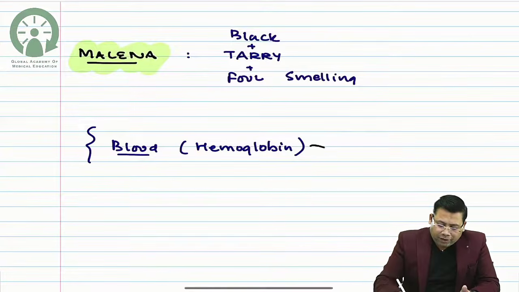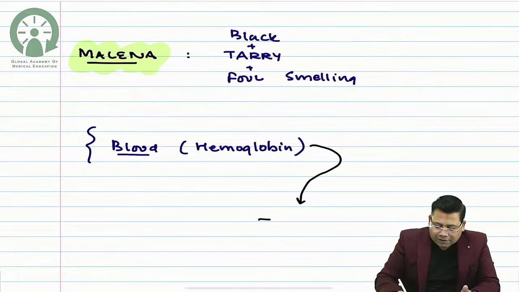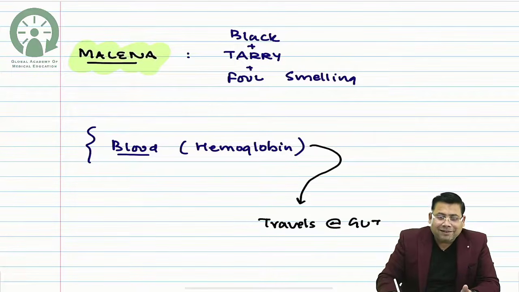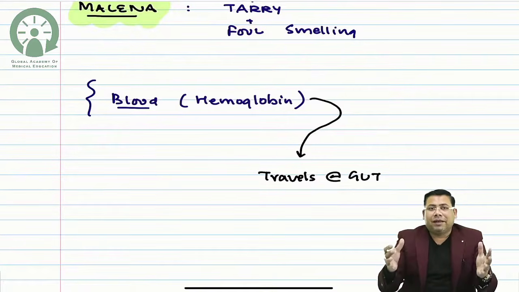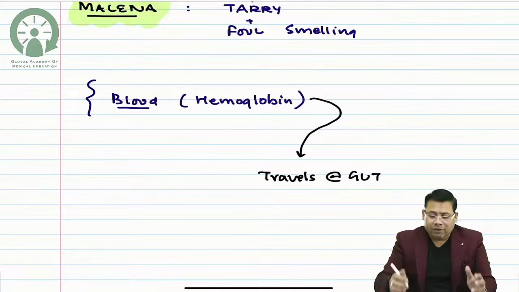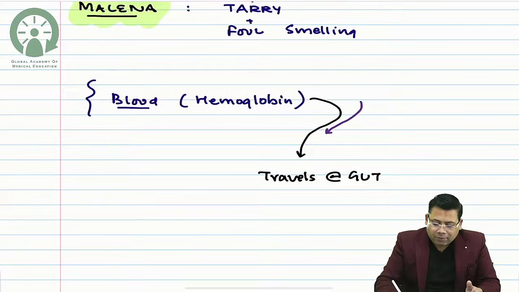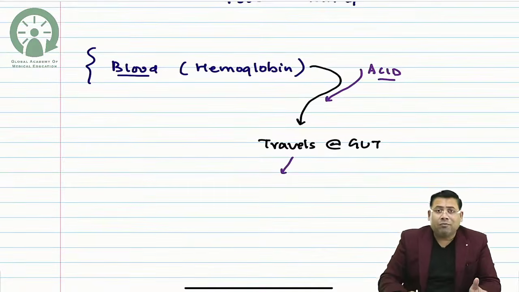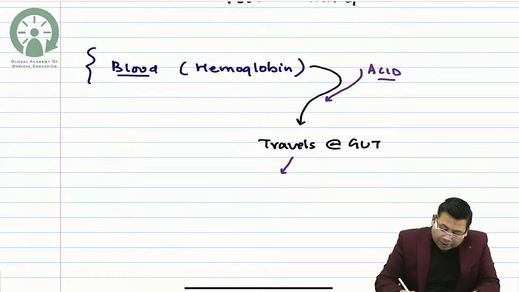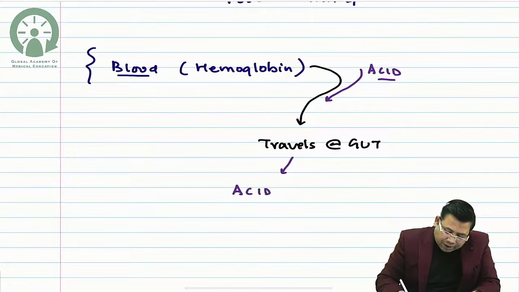While the blood travels into the gut, in the upper GI site of origin there is an interaction of the hemoglobin with the acid, and by the peroxidase activity the hemoglobin is converted into acid hematin.